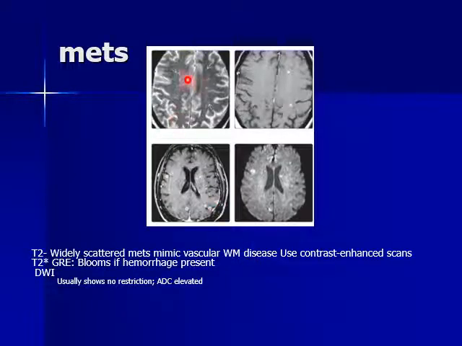It can present as enhancing tiny nodules, or ring enhancing lesions. Sometimes they are hemorrhagic, especially from breast and renal. They present as hemorrhagic lesions or hemorrhagic metastasis.